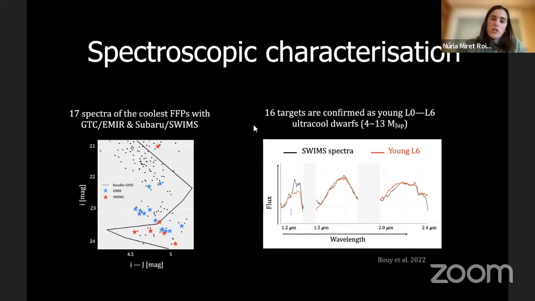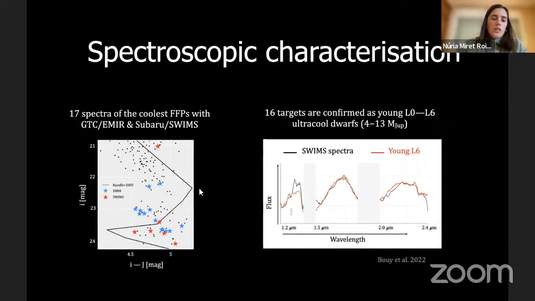So spectroscopy is great to confirm these objects, but at the same time is very expensive. You have to imagine for each of these objects, it takes between 1 and 2 hours of integration time to obtain a single low-resolution spectrum. So it is impossible to do this for these 100 objects.